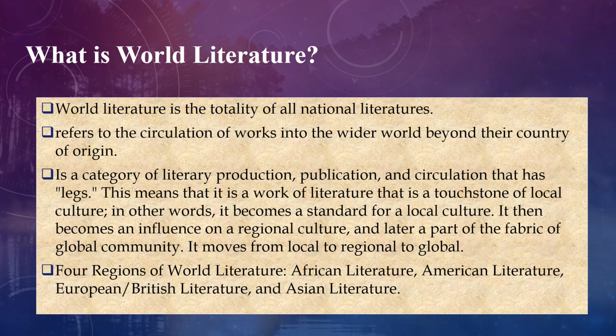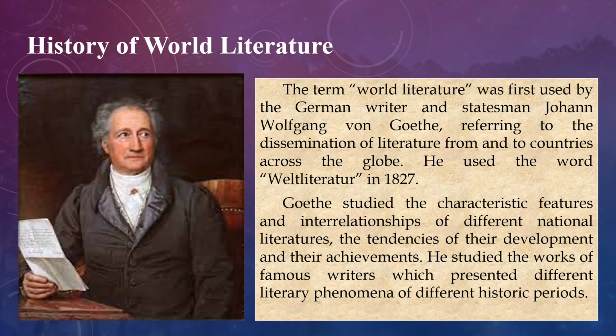There are four regions of world literature. We have African literature, American, European or British literature, and finally, Asian literature. For the history of world literature, there is an important person that we need to talk about.